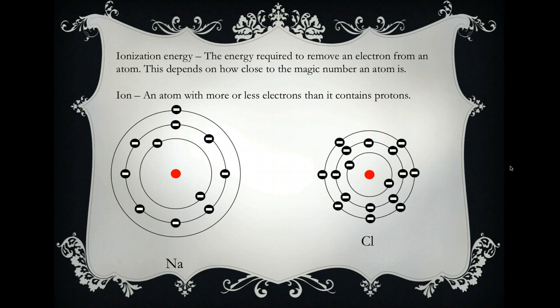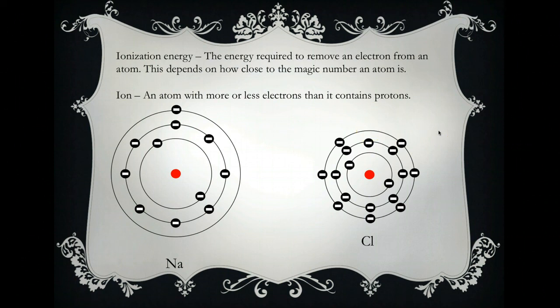So the ionization energy of sodium is very low. It does not take very much energy at all to strip that electron off of sodium. In fact, sodium wants to give the electron away. However, in chlorine, with 7 valence electrons, it's going to take a lot of energy to try to strip one of these off, because chlorine is searching for just 1 electron to be full.